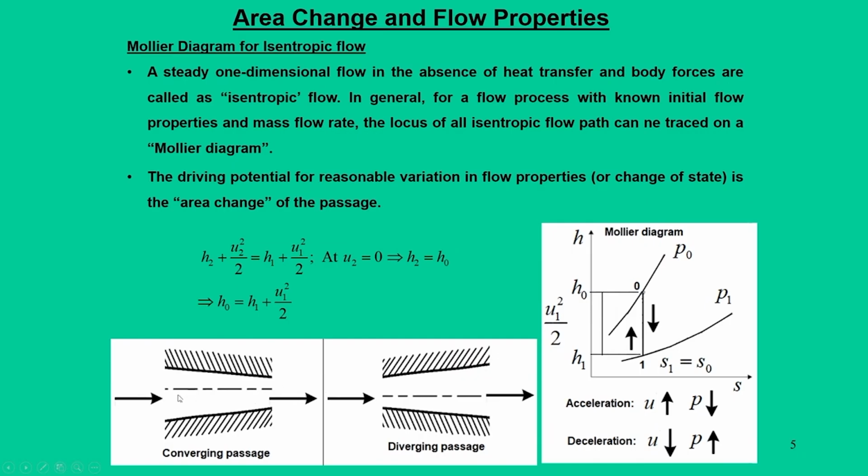Now, in either case the passage can be converging or diverging. Whether expansion or compression has to take place, in other words whether a diverging passage behaves as a nozzle, or a diverging passage can also behave as a diffuser, all this depends on the nature of the flow.